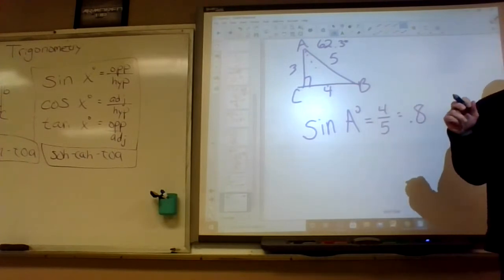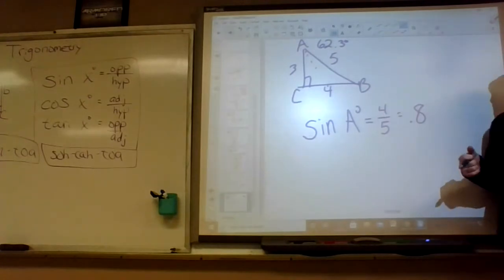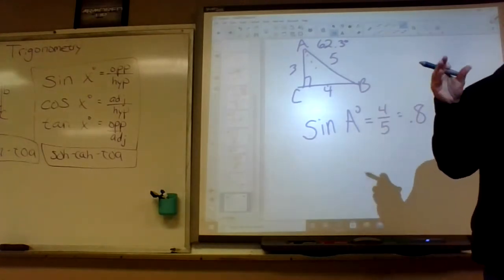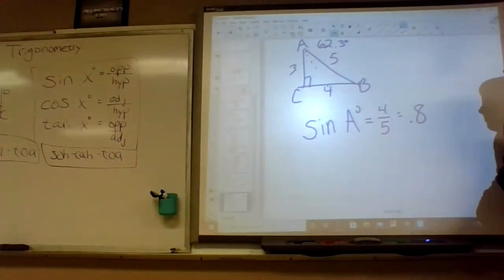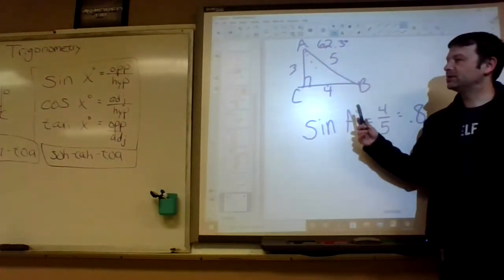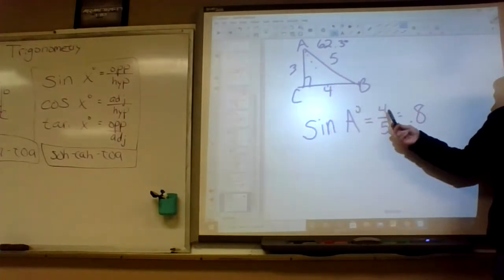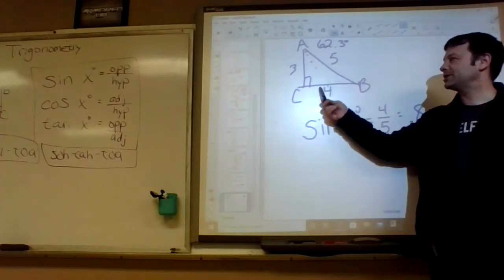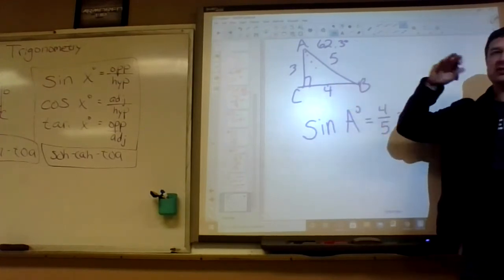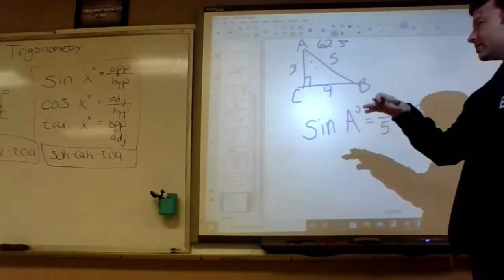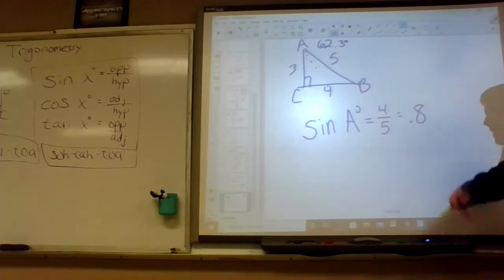Our calculators are smart enough that once they know the angles, they automatically know the ratio of the sides of a triangle. Just because the ratio of the sides is 4 to 5 doesn't mean the sides actually have to be 4 and 5. It could be 8 and 10, 12 and 15, just in the same ratio. But 4 and 5 don't reduce.